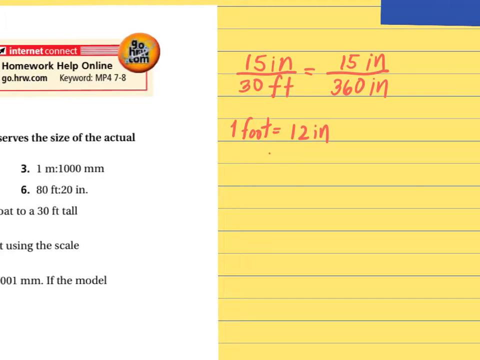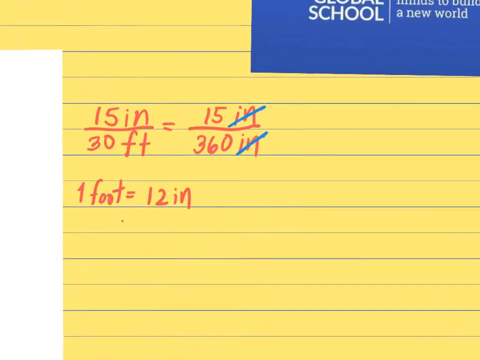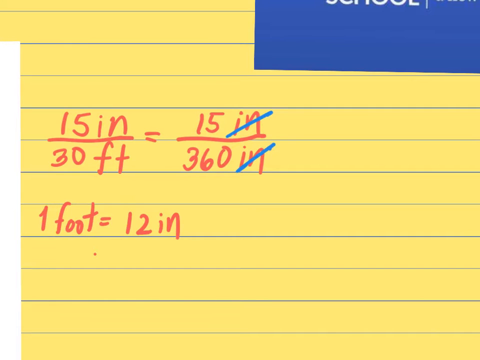Now, the idea is this: because we have inches already, we can cancel them, because inches divided by inches will give you 1, and 1 times the fraction will give you the same fraction. Now that we have the same unit, we can simplify these two numbers, inches in this case.